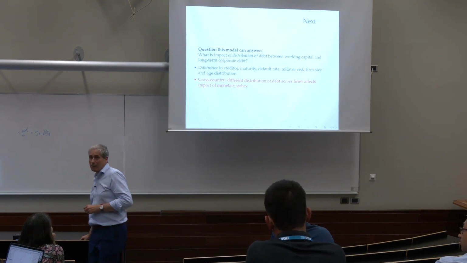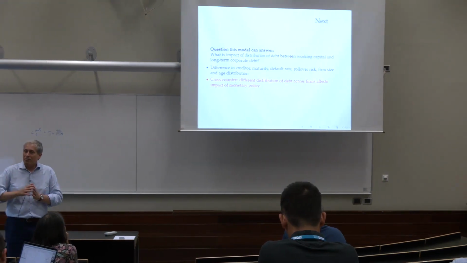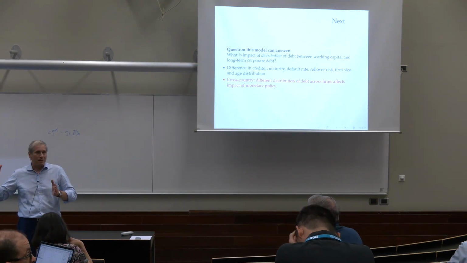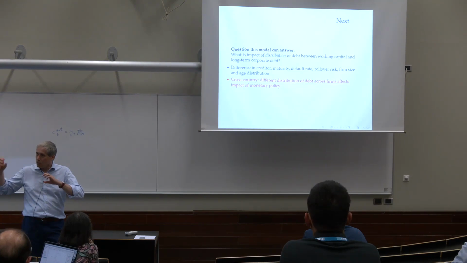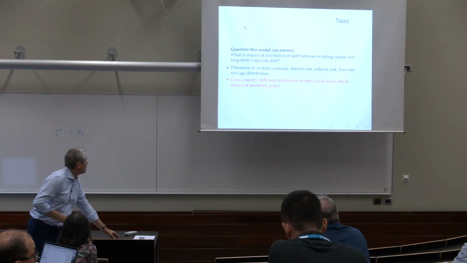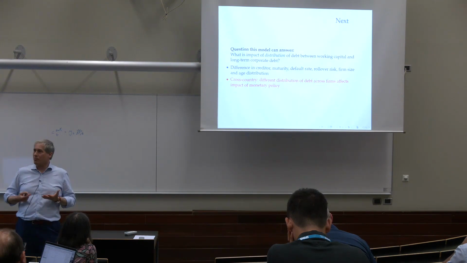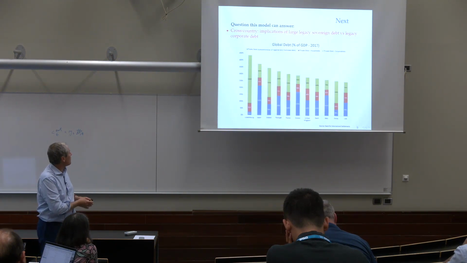For example, across countries, it could be that you have countries with a different distribution of firms' age, and they get financed in different ways. So the share of long-term corporate debt to working capital is very different. There's also a very interesting consideration that is motivating the paper. That is, we are very worried about sovereign debt, but not so much about corporate debt. And that's an excellent observation.